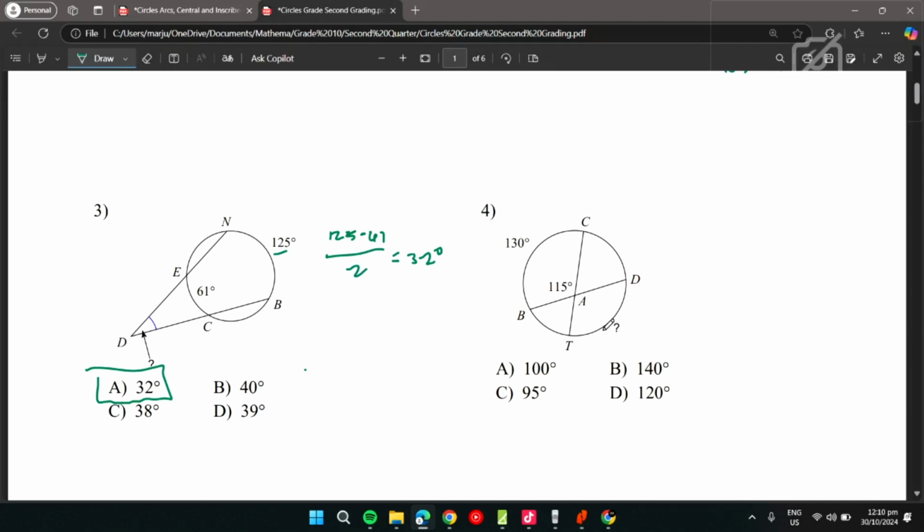How do we solve that? Exterior, interior angles? What do you mean?